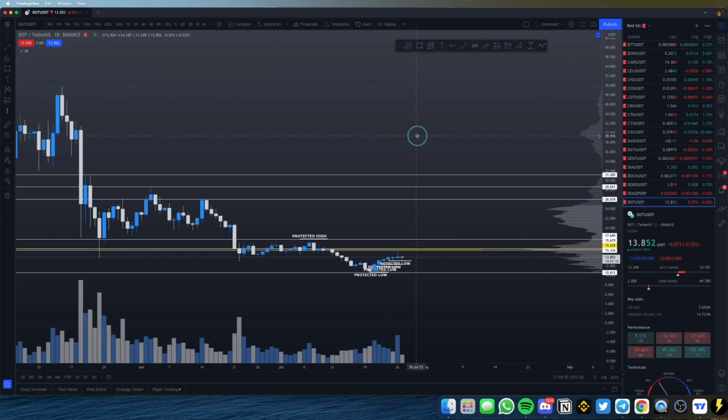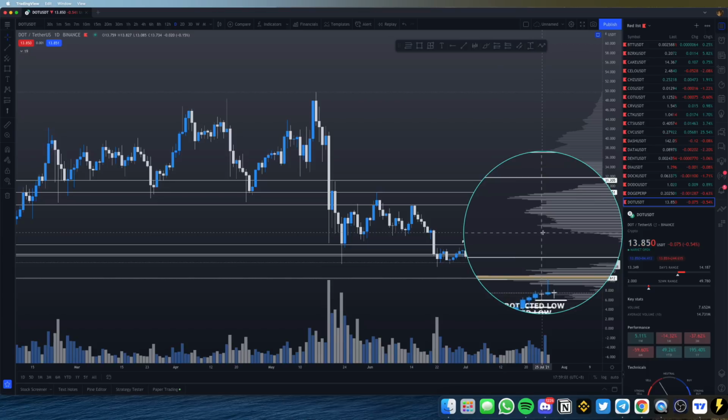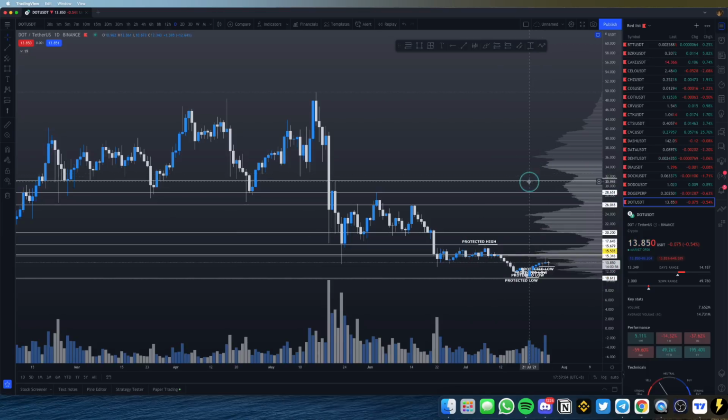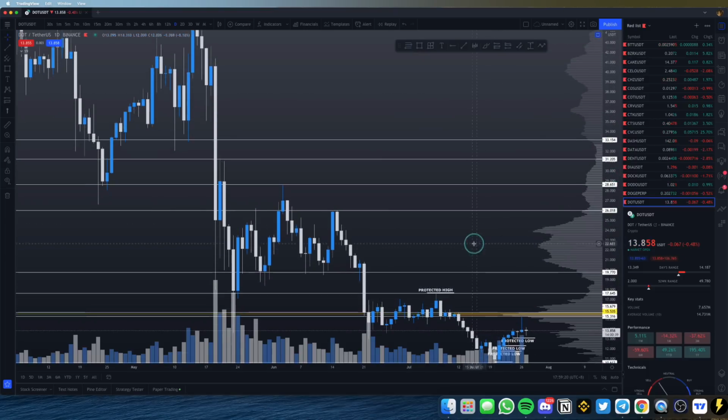Because if we zoom out onto the daily chart, you can see that after you break above this level, it's a straight road ahead to, I don't know, $20. So that's about 20%, and I don't know about you guys, but I'm really happy with 20% on any day. Once you break above this previous high, it's a straight road up to about $33. But that is a long way away.